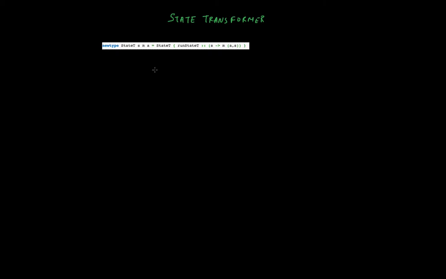We had this wrapper, which was basically a wrapper around this type signature. Let's write the type class definition for MonadTrans.